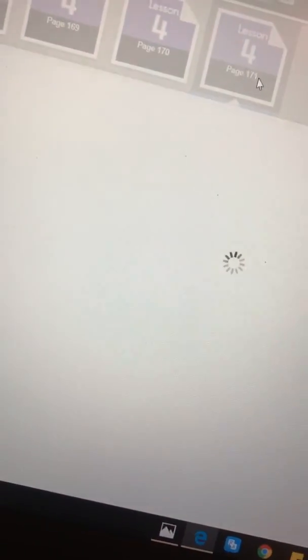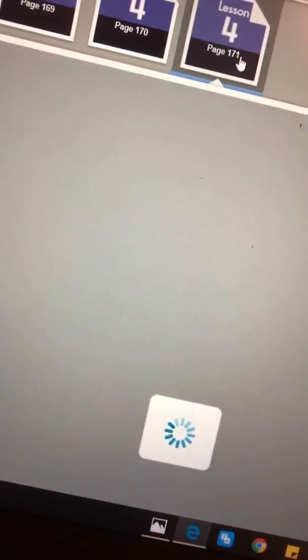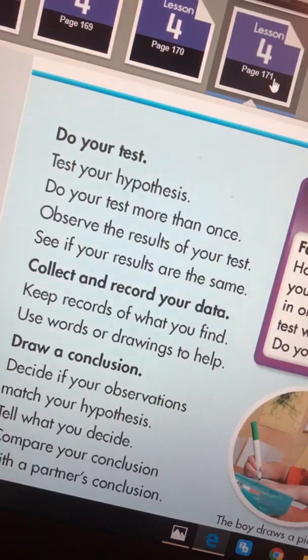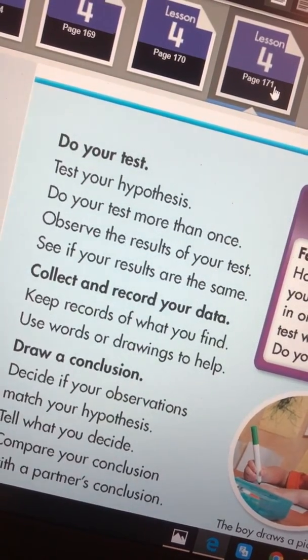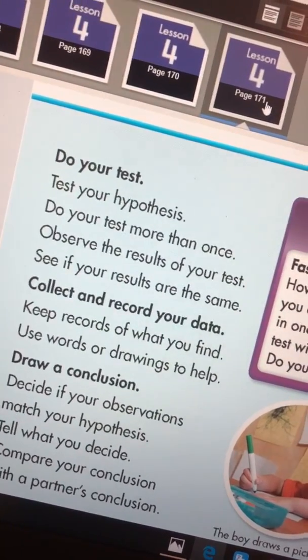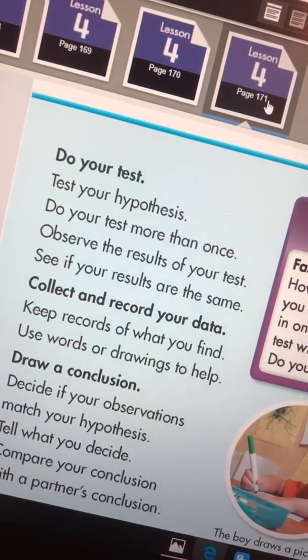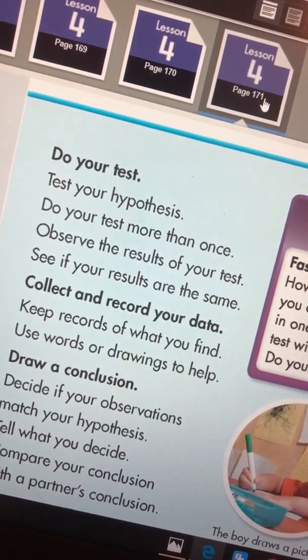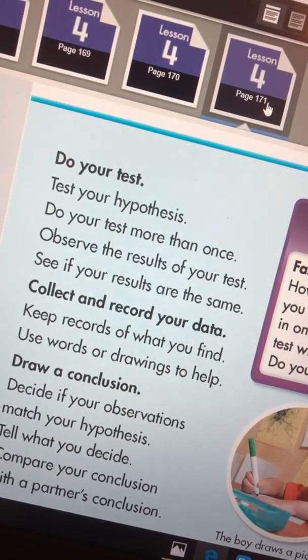Then the next step is do your test. So you have to test your hypothesis. You have to compare your results. So you said in the hypothesis, if we move the plant away from the sunlight, it will grow toward the sunlight because it needs sunlight.